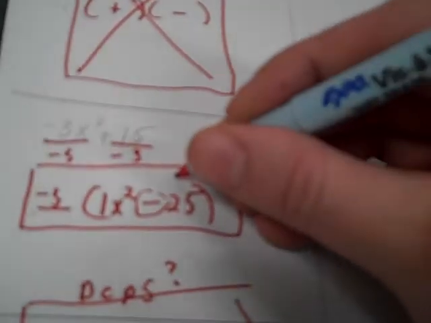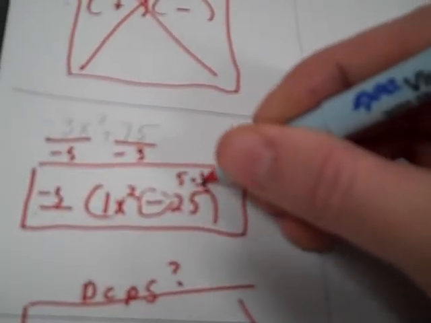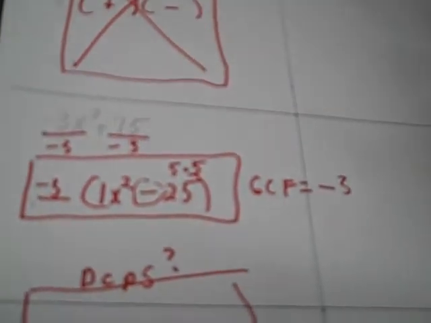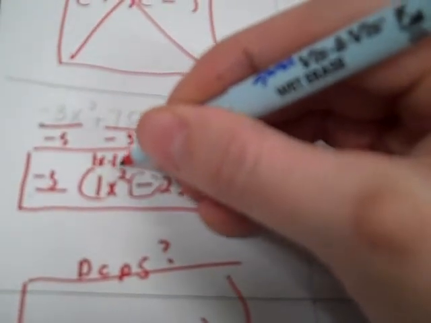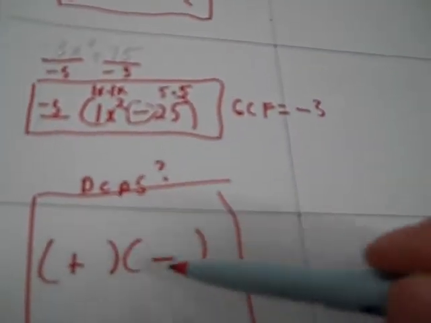That's a difference of perfect squares, okay? That is 5 times 5. The 1's on the board. That's a difference of perfect squares. It's 1 times 1, and then the X to the second is X times X, so 1X times 1X. Okay, so we come down here.